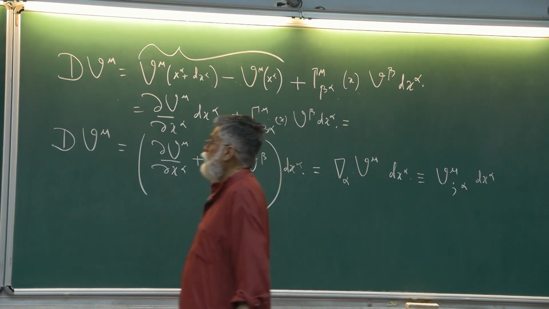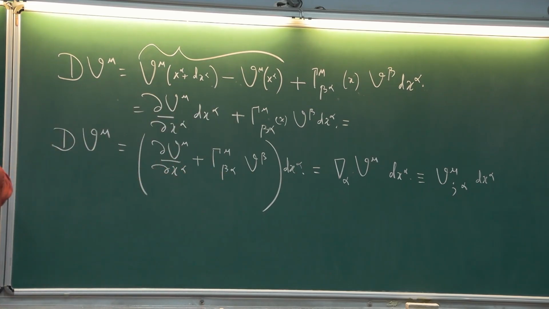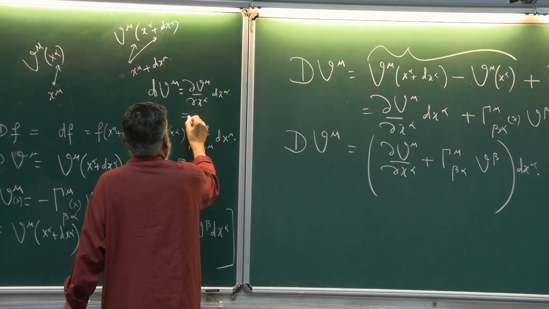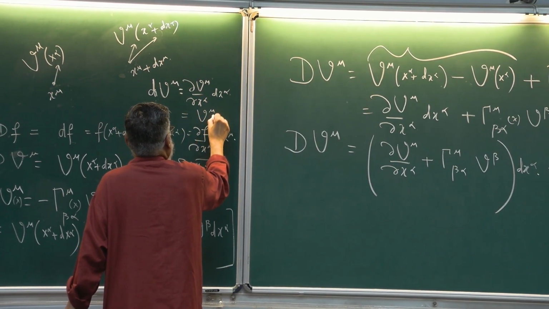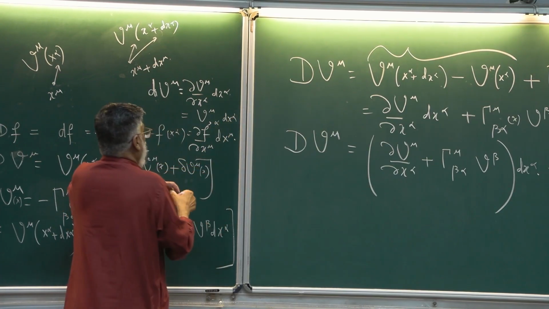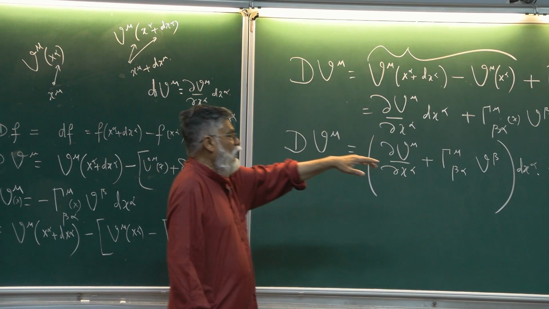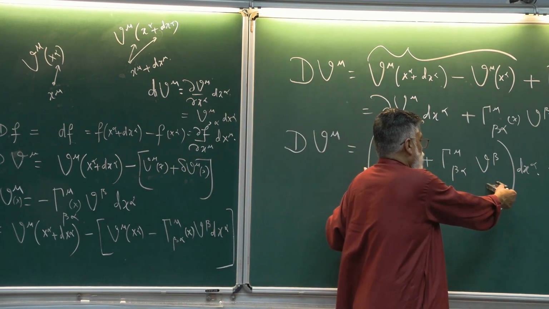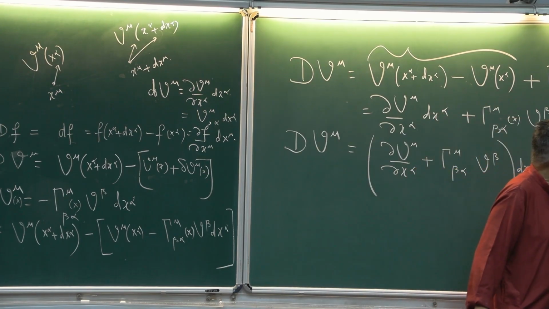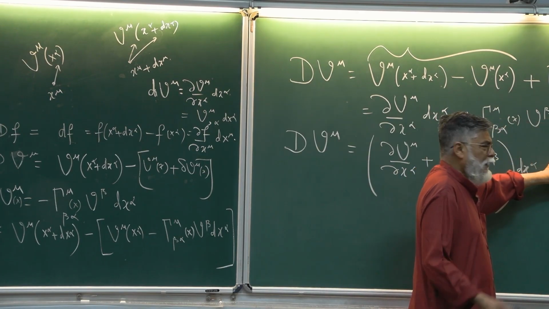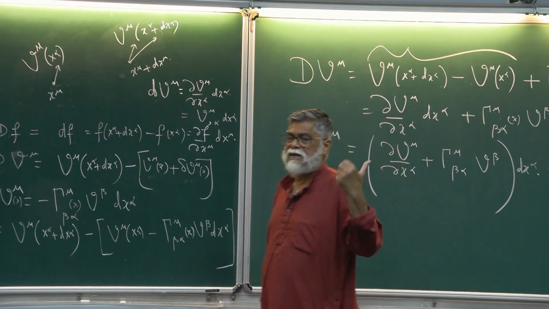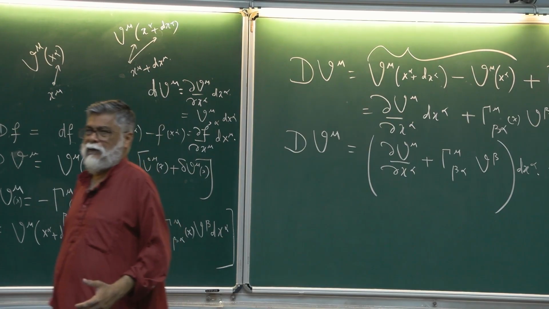So instead of all the time writing del v mu by del x alpha, we'll use the shorthand notation v mu comma alpha dx alpha. So comma alpha is the ordinary partial derivative, semicolon alpha is this object, which is the covariant derivative. In Landau-Lifshitz, this symbol is used for the covariant derivative. In books like Hartle's and Wald's, they use that as the symbol.